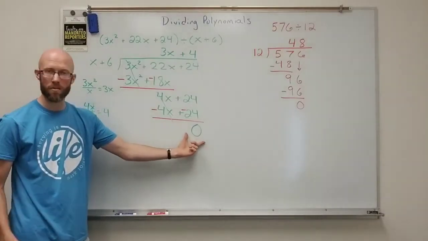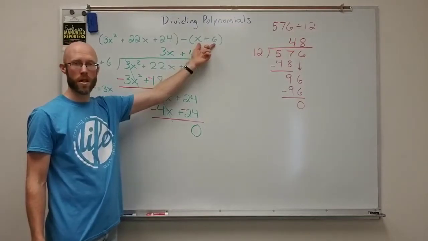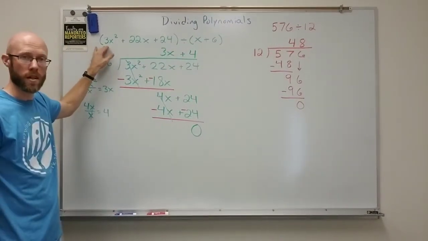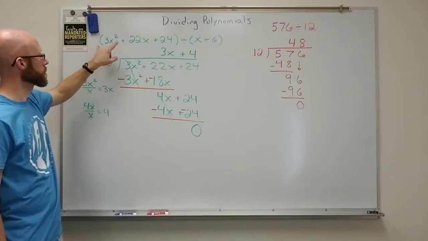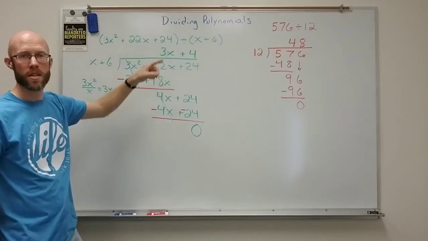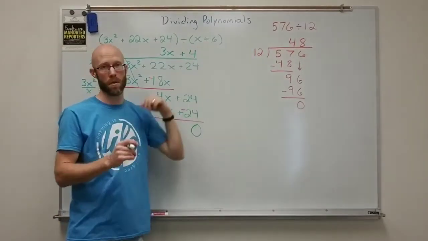If our final remainder is 0, that means the original x plus 6 was a factor of the original dividend. So that means the 3x squared plus 22x plus 24, if you factored it, is equal to something times x plus 6.